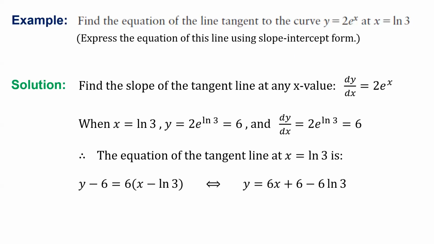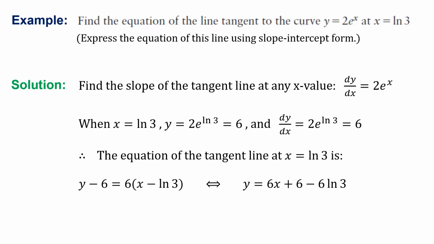Then we know when x equals ln 3, we can find the image at this point and the derivative at this point. So the image of this point is y equals 6, and the derivative at this point is dy by dx equals 6, right? Therefore, we get both the tangent point and the slope of the tangent line at x equals ln 3, right?